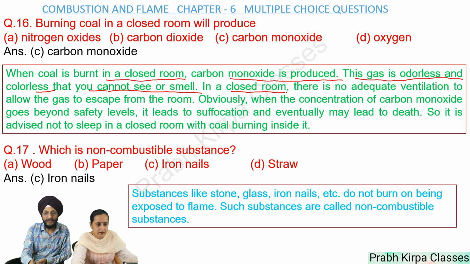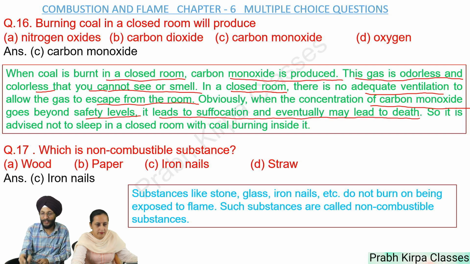If we burn coal in a closed room, there is no adequate ventilation to allow the carbon monoxide to escape from the room. Obviously, when the concentration of carbon monoxide goes beyond safety levels, it leads to suffocation and eventually may lead to death.